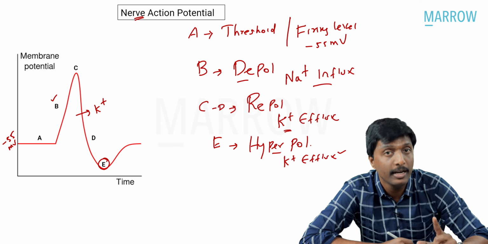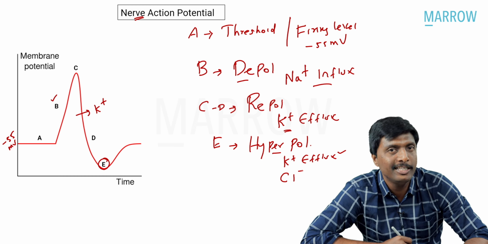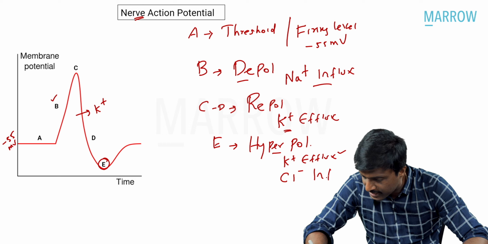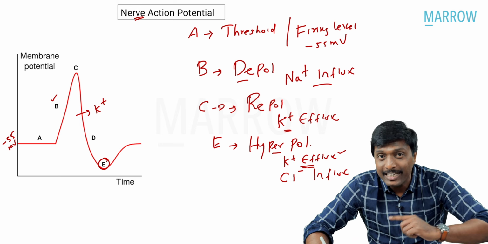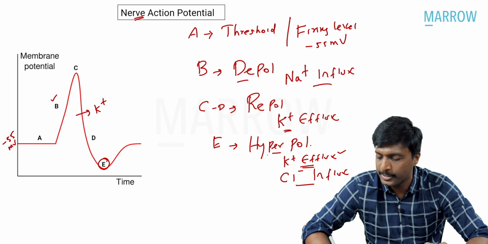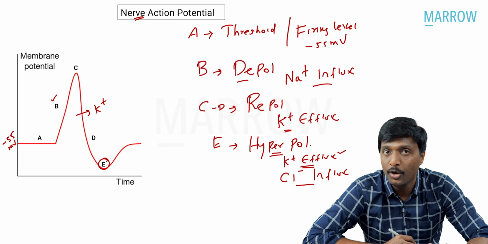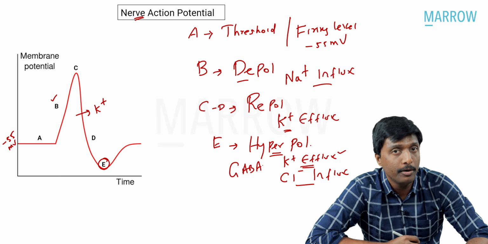And also remember, it can also be because of chloride ion, a negatively charged ion that is coming inside. Both this continued potassium efflux and chloride influx are causes for hyperpolarization, which is actually done by this important neurotransmitter, GABA.